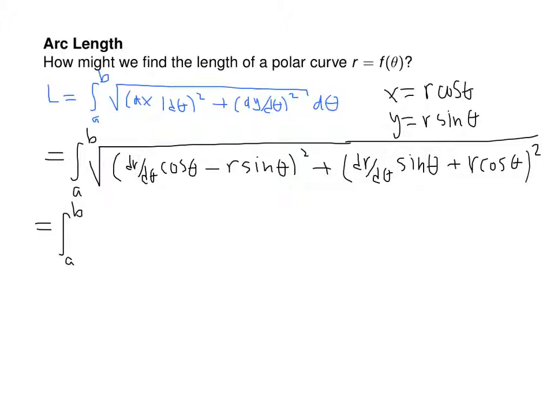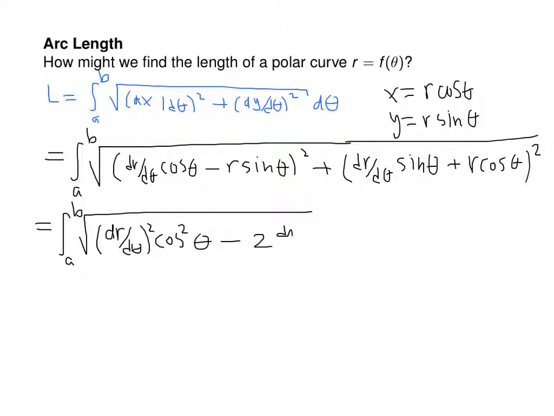A to b root. Okay. So what we'll have will be dr d theta squared cosine squared theta minus 2 dr d theta r cosine theta sine theta, plus r squared sine squared of theta.